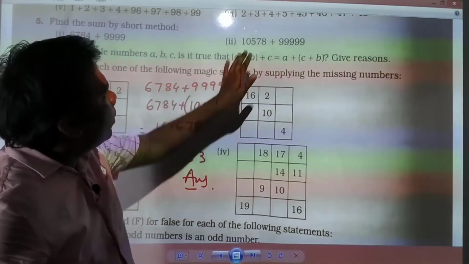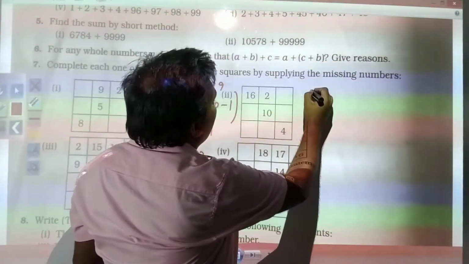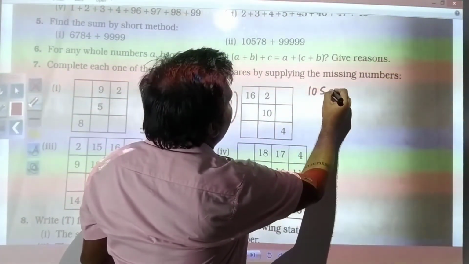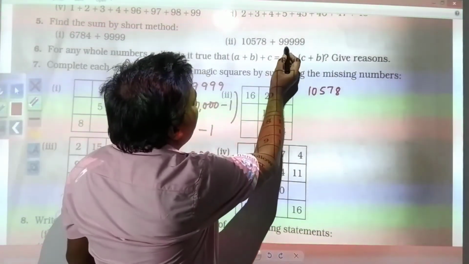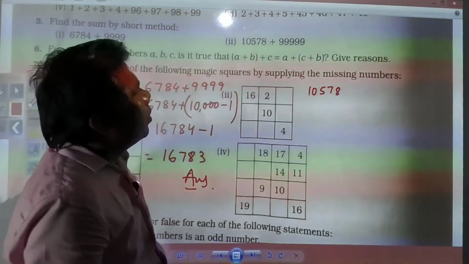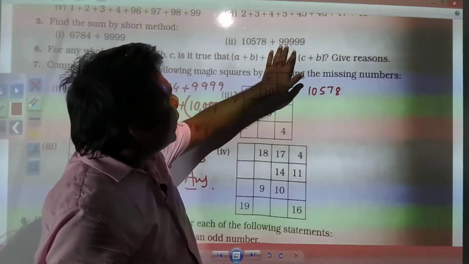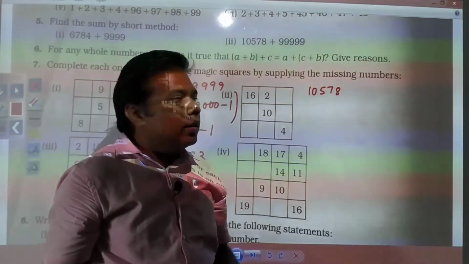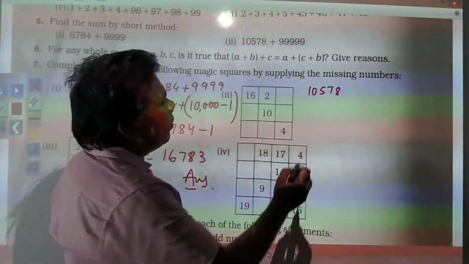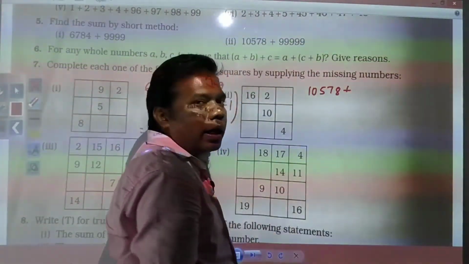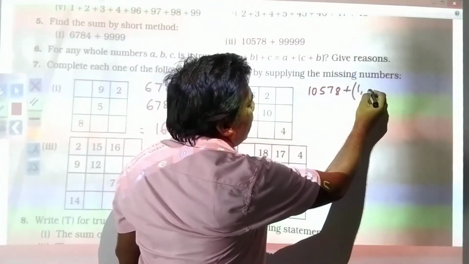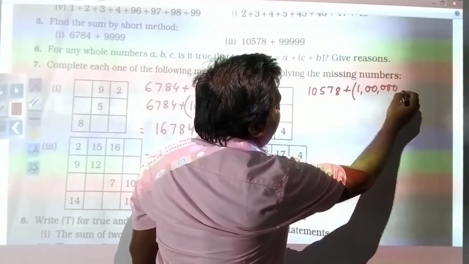Here you see, you have 10578, 1 2 3 4 5, you have 99,999. So 99,999 can be written as 1 lakh minus 1.